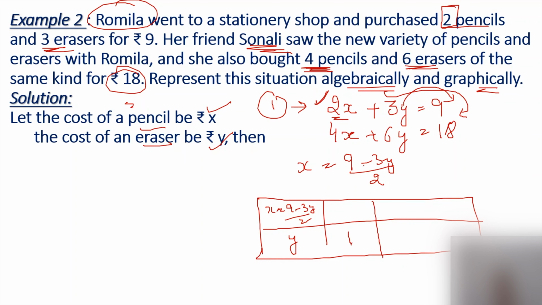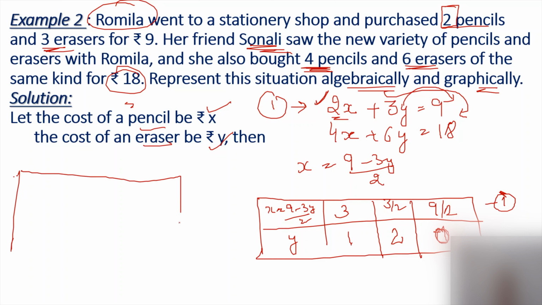Then 9 minus 3 is 6. 6 by 2 is 3. And again we can put the value of y as 2. We get 2 into 3 is equal to 6. 9 minus 6 is equal to 3. 3 by 2. We can put the value of y as minus 1, minus 2 also, 0 also. Let's put here 0. When y is equal to 0, the value of x is equal to 9 by 2. This is situation number 1.